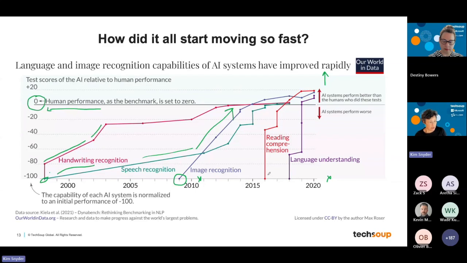With those things changing, it all comes together to lead us to this place where things are changing literally overnight all the time. And AI has passed certain human benchmarks at certain types of tasks. It's really not human performance. I wouldn't use the word performance, but it's a good question.